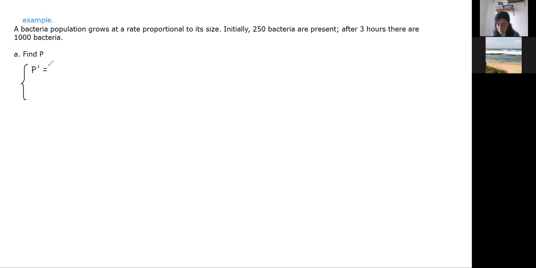That means the rate of growth, P prime, is proportional to the size of the population. Then we have that initially 250 bacteria are present, so P of 0 is equal to 250, and P of 3 is equal to 1,000.